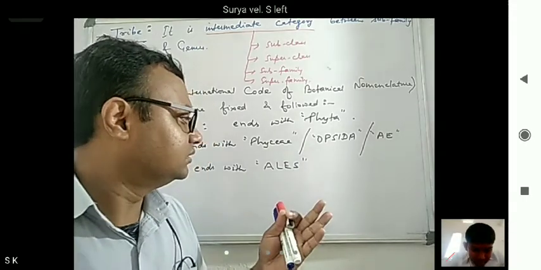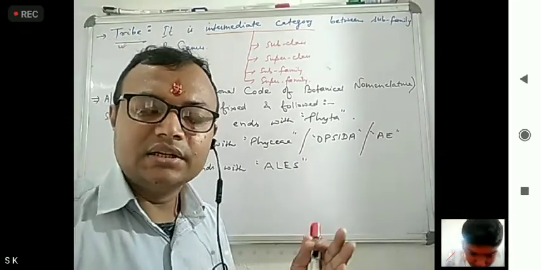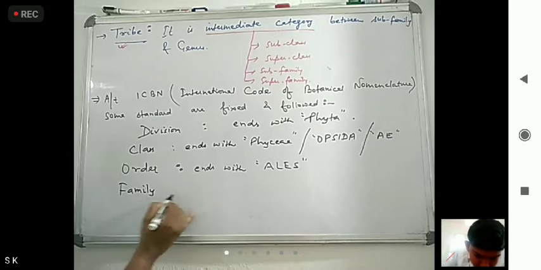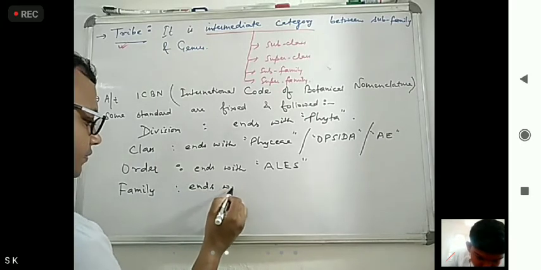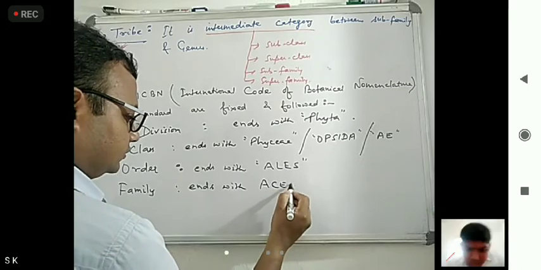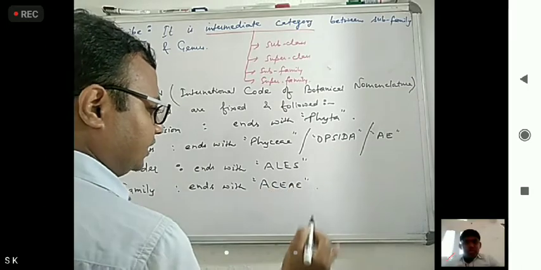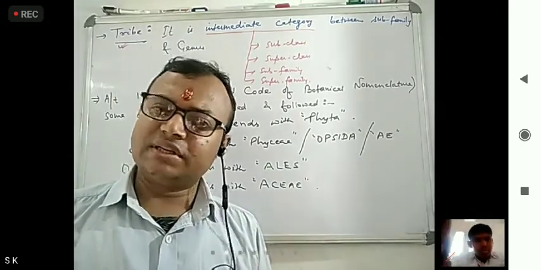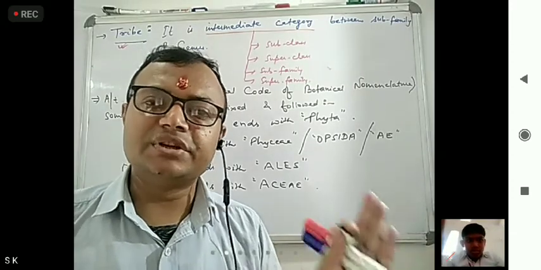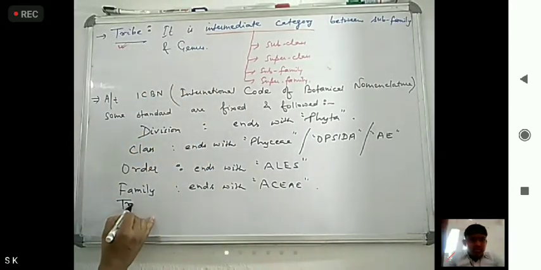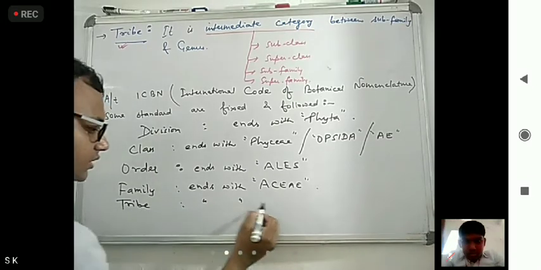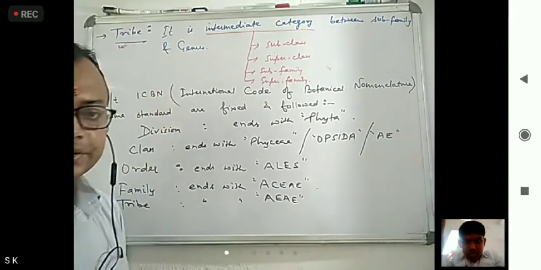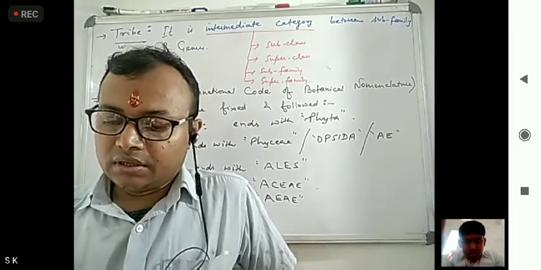If family is there, it ends with aceae. Family generally ends with what? Aceae. If tribe is there, which is now removed, it ends with eae.